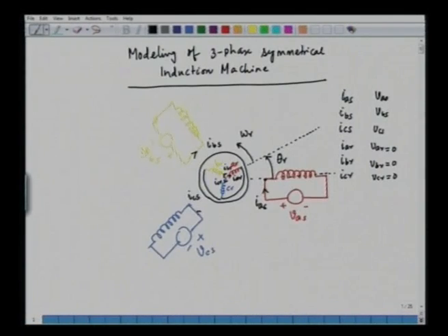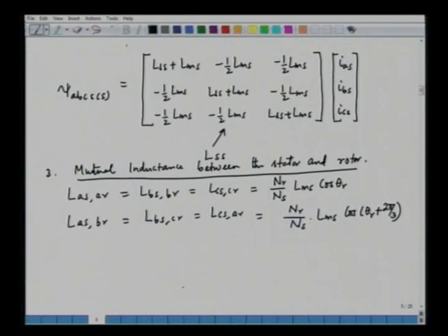We are talking about the interaction of AS and BR. The angle between AS and BR is 120 plus theta r, that is, 2 pi by 3 plus theta r. That's what has been shown here. All right, cos of theta r plus 2 pi by 3.